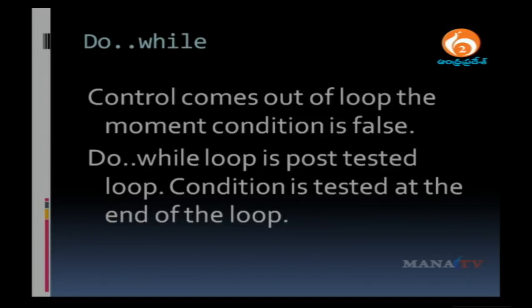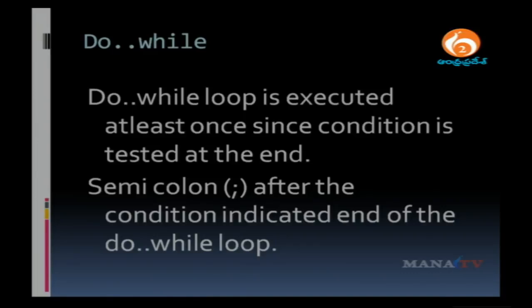The do while loop is a post tested loop. The condition is tested at the end of the loop. The do while loop is executed at least once, since the condition is tested at the end.